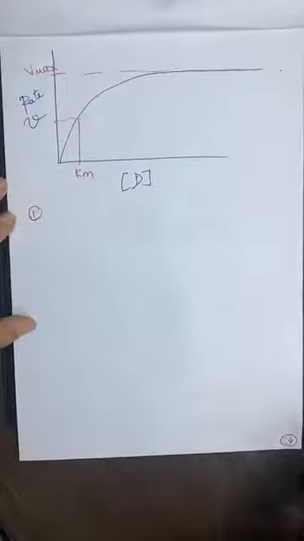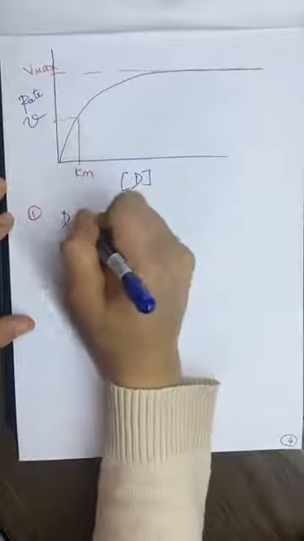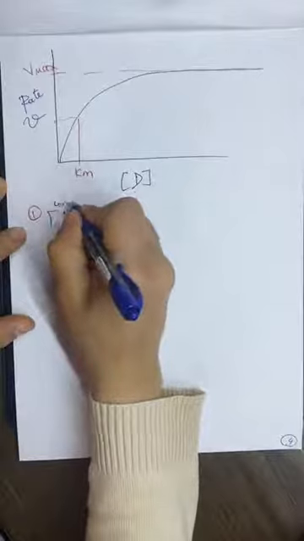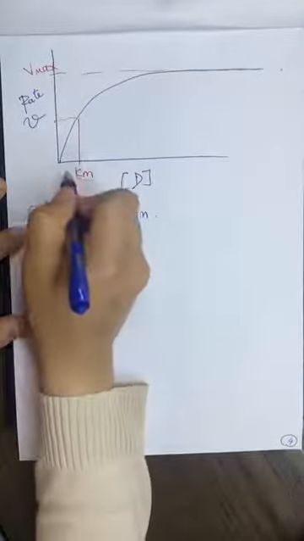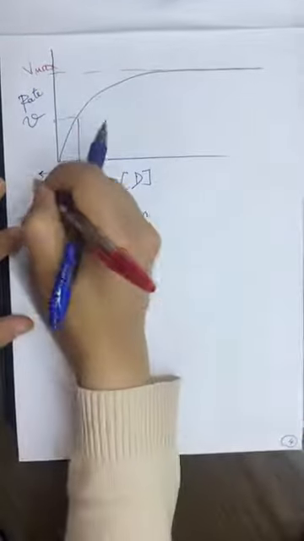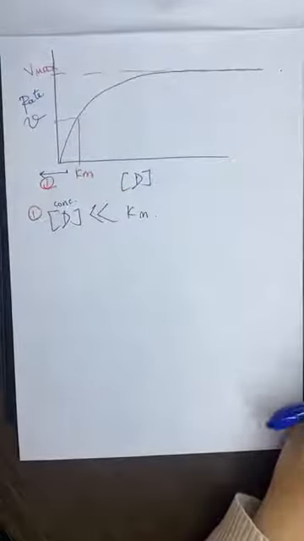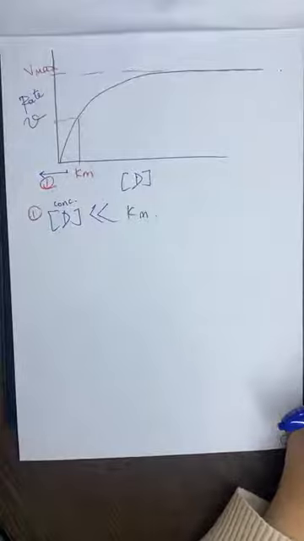The first case is in which the concentration of the drug is very low compared to Km, which means that we are in here. Okay, the concentration of the drug is lower than that of Km.